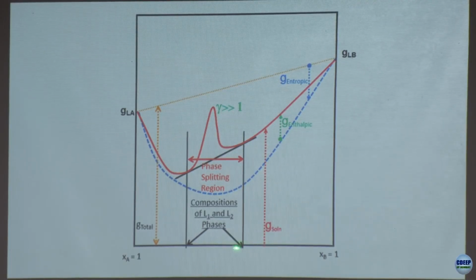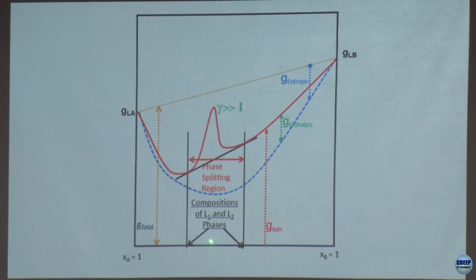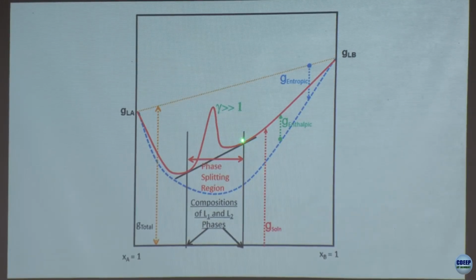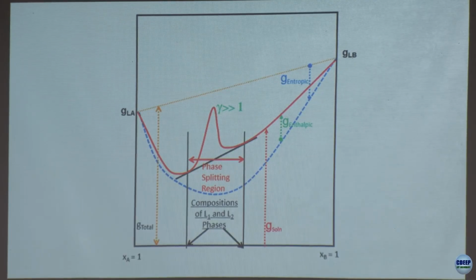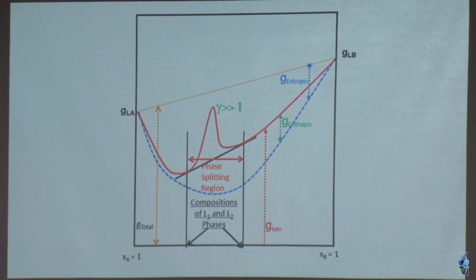So when the XB value is here, you get two liquids, one with a concentration given here, another with a concentration given here, and they will be split according to the lever rule depending upon the value of XB, and the two-phase mixture of the two will give you a lower Gibbs free energy than a uniform solution of the two components. That is why they split.